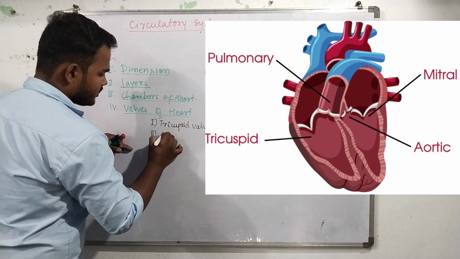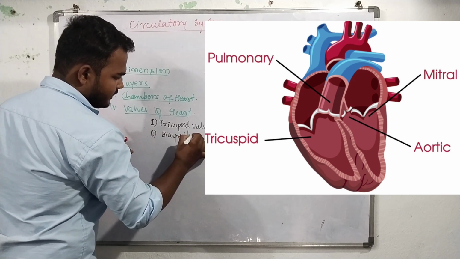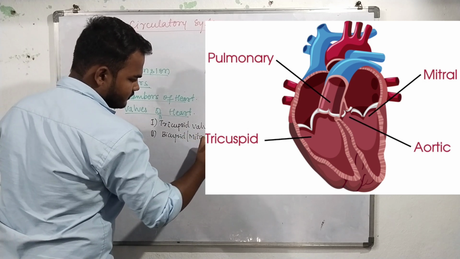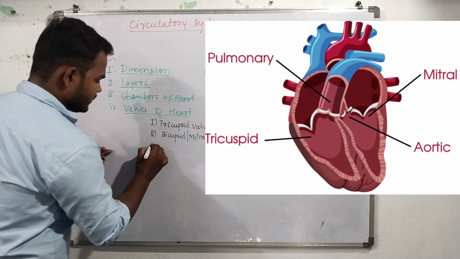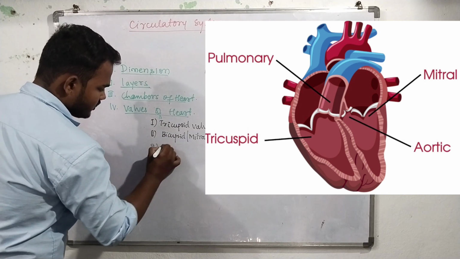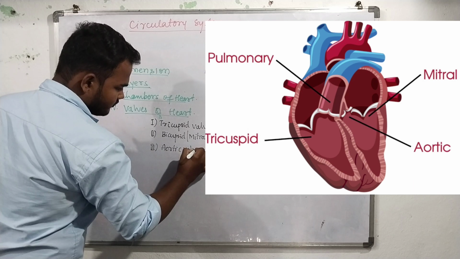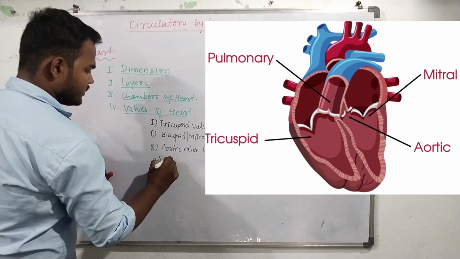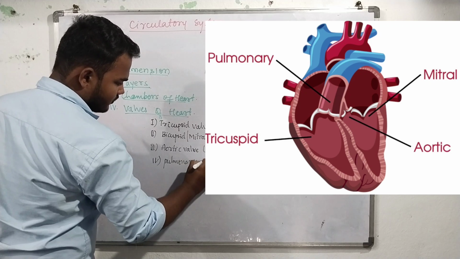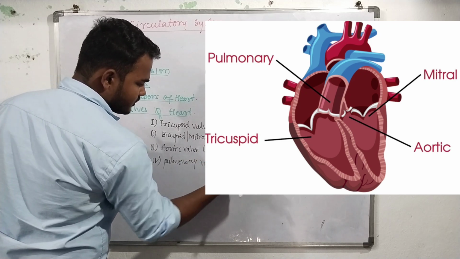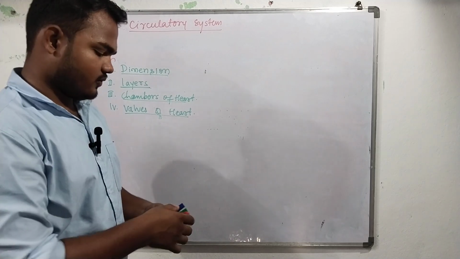Second is bicuspid or mitral valve, on the left side. Third is aortic valve, and fourth is pulmonary valve. Okay, yes, these are the valves of the heart.